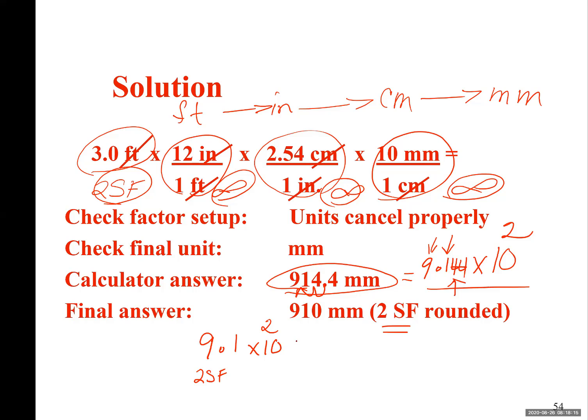We can leave it like this, or you can use your calculator. The standard form of the answer with 2 significant figures is 910 millimeters, or 9.1 times 10 to the power of 2 millimeters.